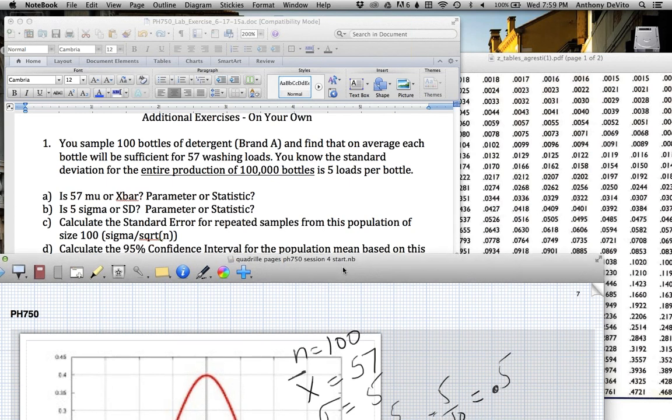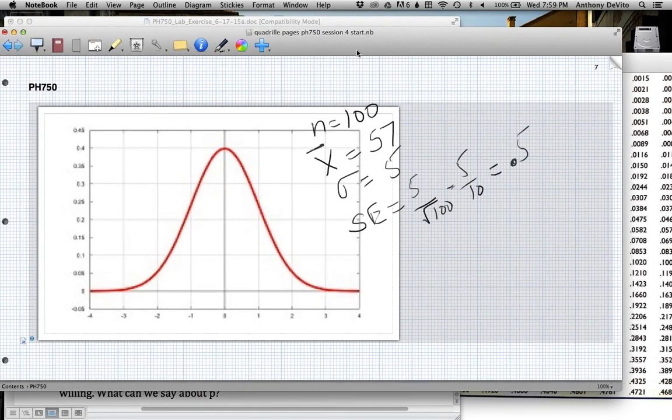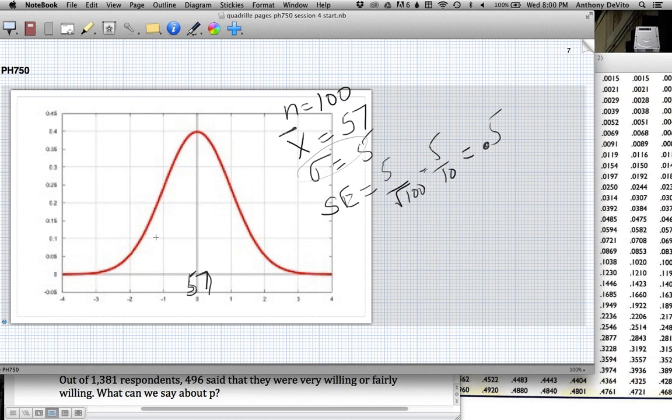Calculate the 95% confidence interval for the population mean based on this sample. Oh, well, what are they talking about? Well, the mean came out to be 57. And since we know the standard deviation, I know the spread: if I took samples over and over again, the way they would be spread out is in a manner where the standard deviation for these samples, what we call standard error, would be equal to 0.5.